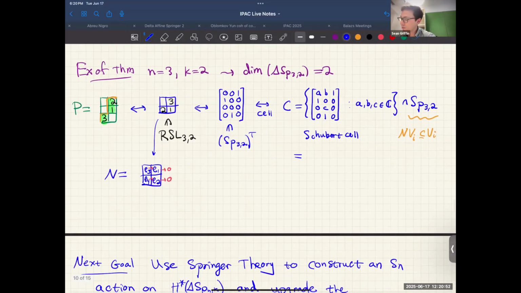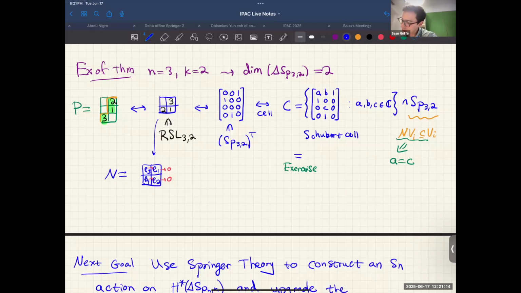And maybe I'll leave this as an exercise, that these conditions imply that A has to equal C. So it might give you some extra equations that cut down the dimension of the cell.